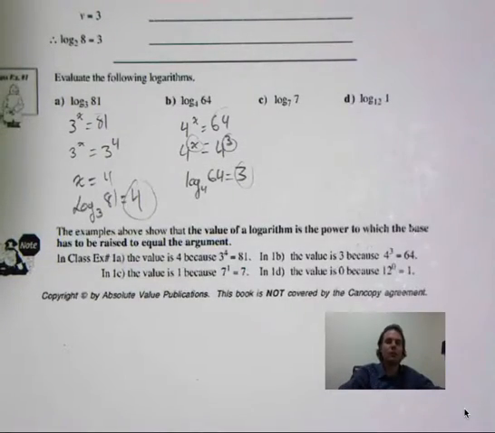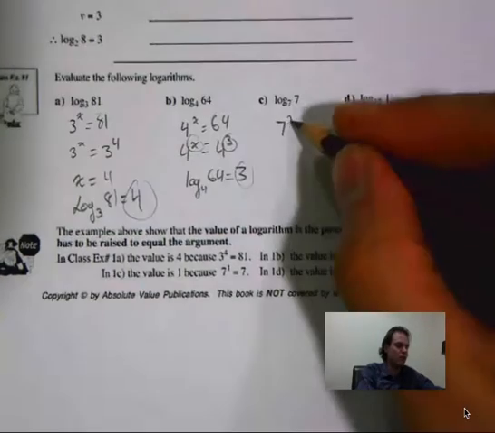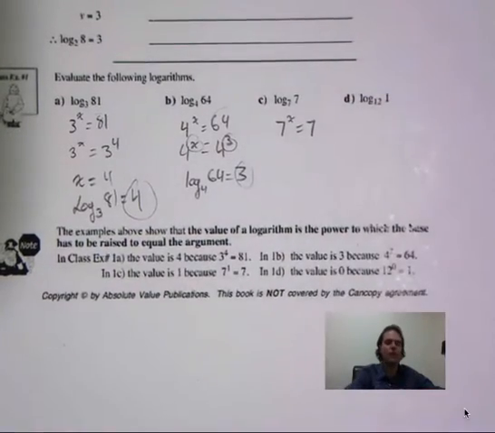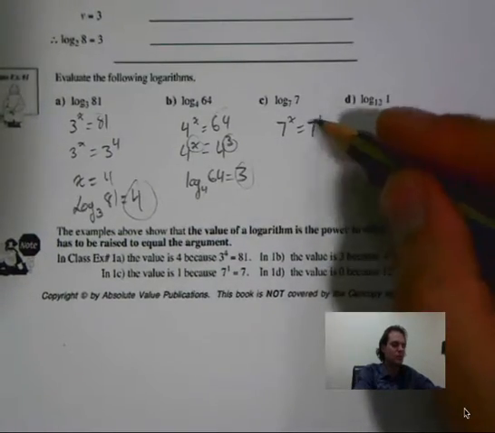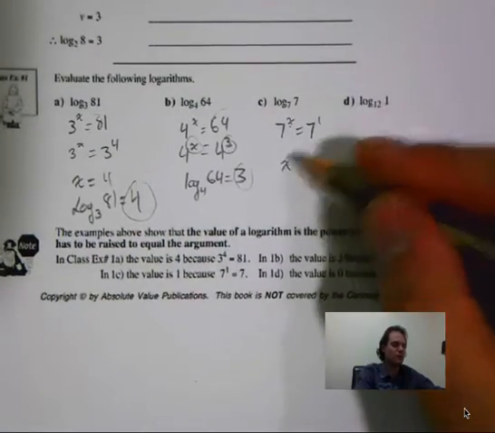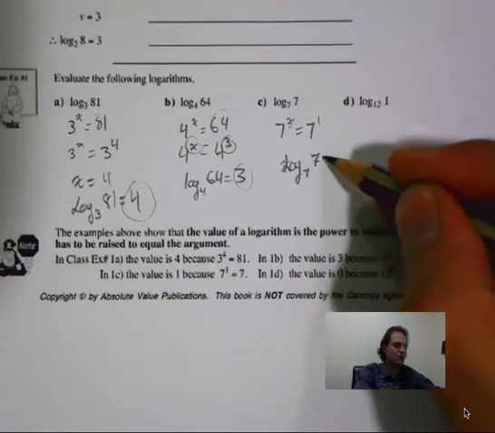Now let's take a look at the next one. We're saying log base 7 of 7. So 7 to the power of something is equal to 7. This is an interesting one. Well, that's to the power of 1, so x is equal to 1. So log base 7 of 7 is equal to 1.